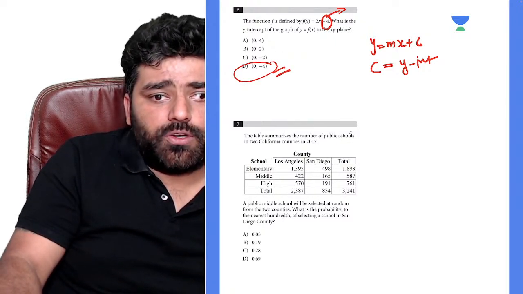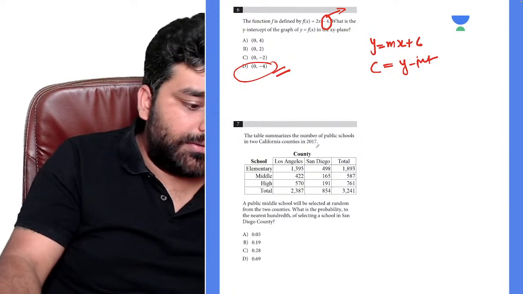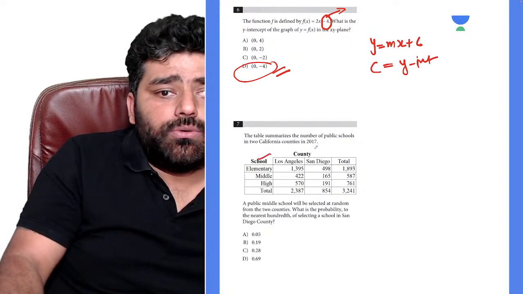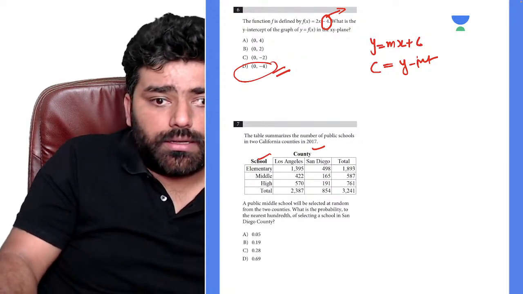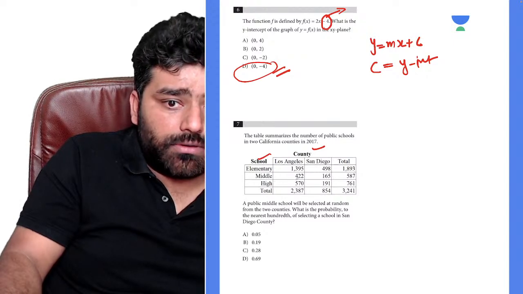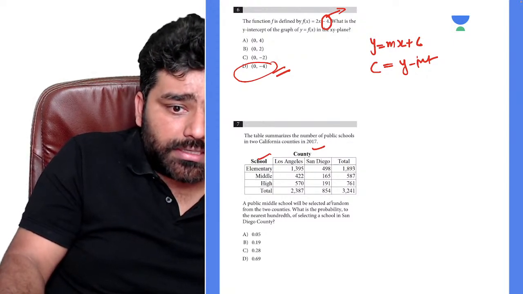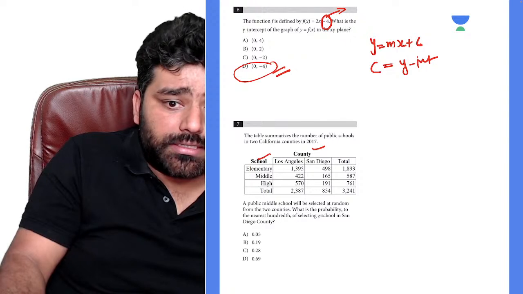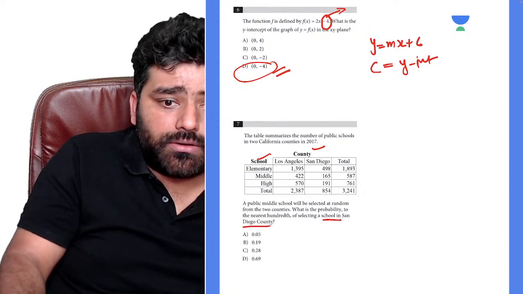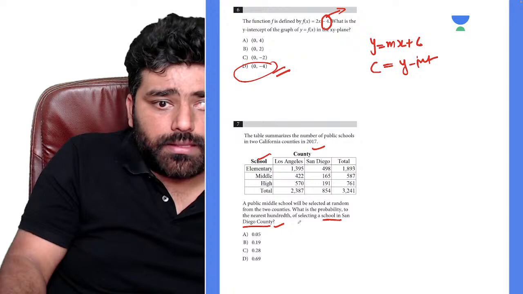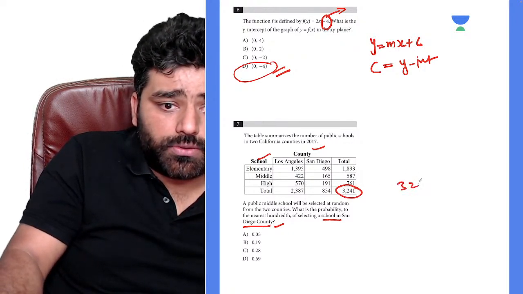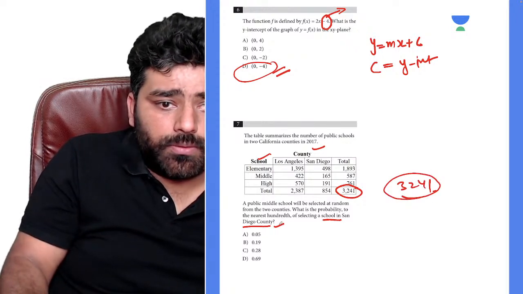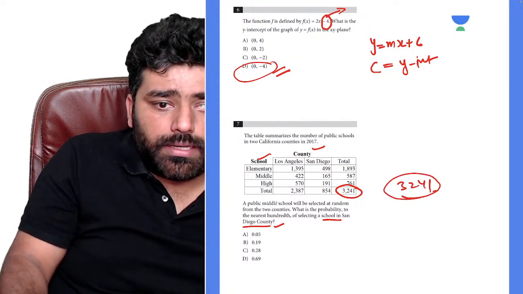The table summarizes the number of public schools in two California counties in 2017. So this is given to us: school and county. The elementary 1390 San Diego we have given, right, and 1893, we have all this data, right. A public middle school will be selected at random from the two counties.